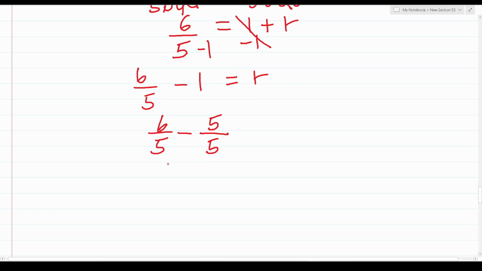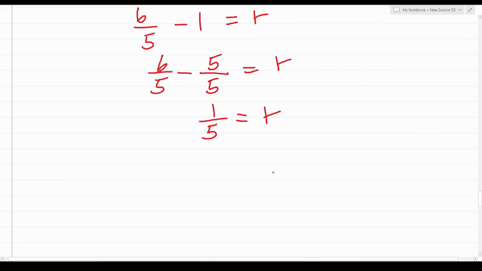And since these two now have the same denominators, I can go ahead and do this subtraction pretty quickly. Again, when fractions have the same denominators, you just subtract the numerators. So this becomes 6 minus 5, which is 1. And then you don't touch the denominator, equals R. So we can see R equals 1 over 5.